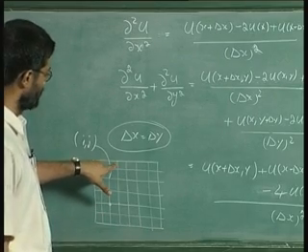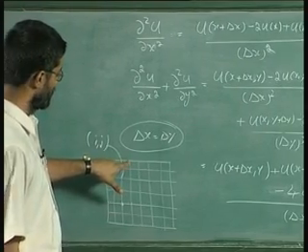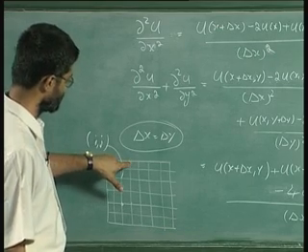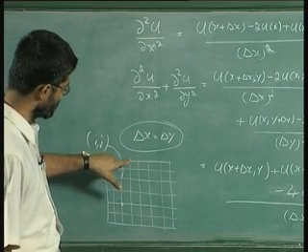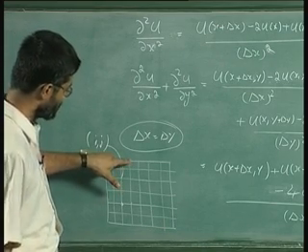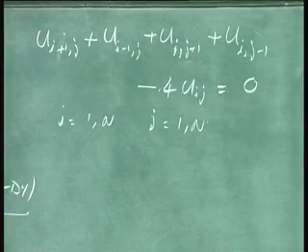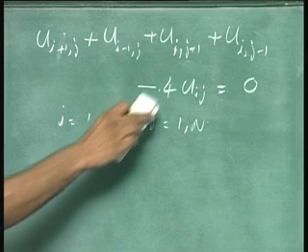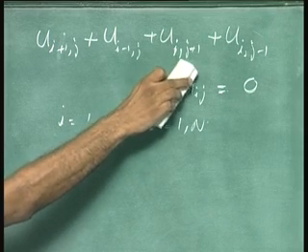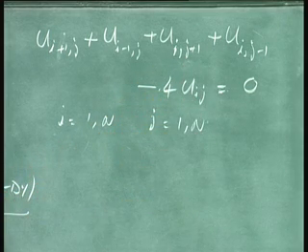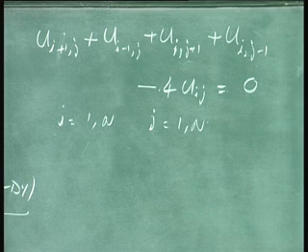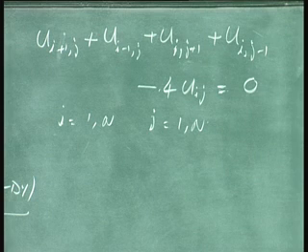For example, if I take this boundary, say j equal to n, I need j plus 1 here. On the boundary, j plus 1 is not known, so I cannot write this equation on the boundary. So you can see the need for boundary conditions to solve this equation. So how do we put in the boundary conditions? That's also what we'll see now.